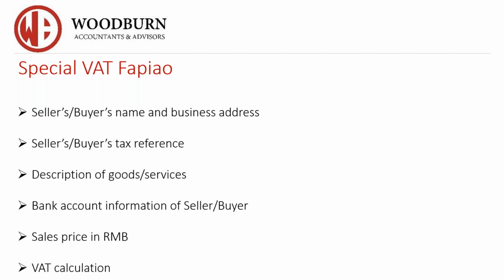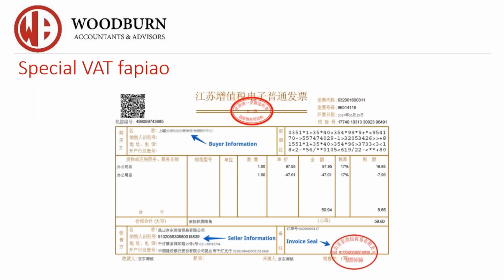This is what has to be on the Fapiao: the seller and the buyer's name and business address, the seller and buyer's tax reference, description of goods and services that has to match contract, bank account information of seller and buyer, sales price in renminbi, as well as the VAT calculation. So this is what it looks like. This is a special VAT Fapiao, and this is all the information that is on there.